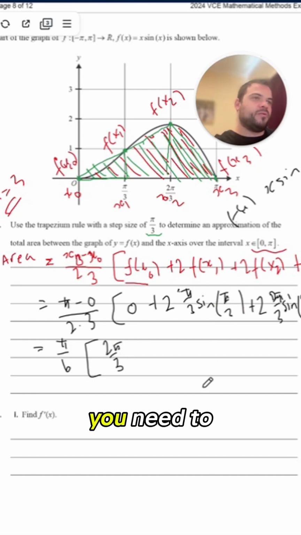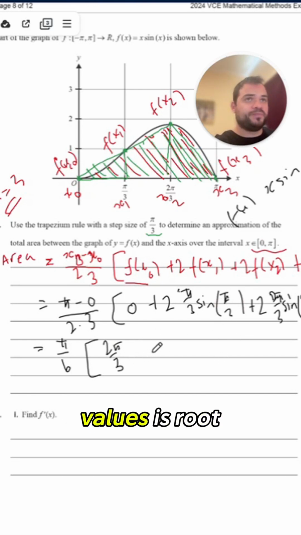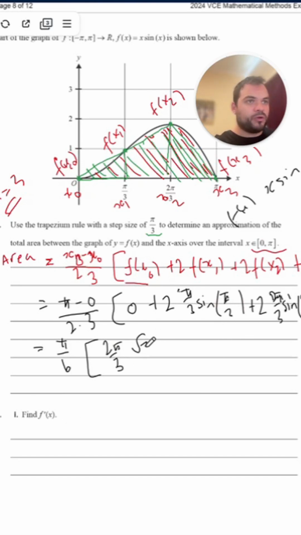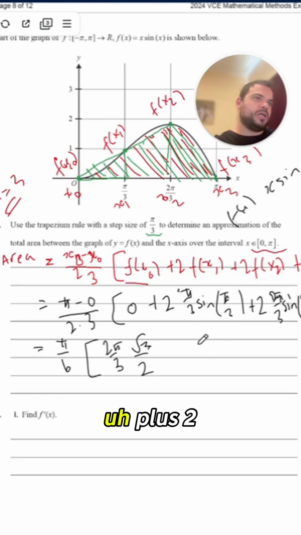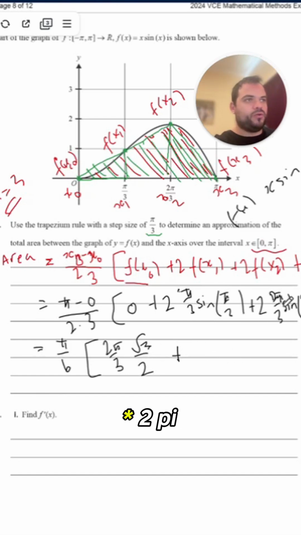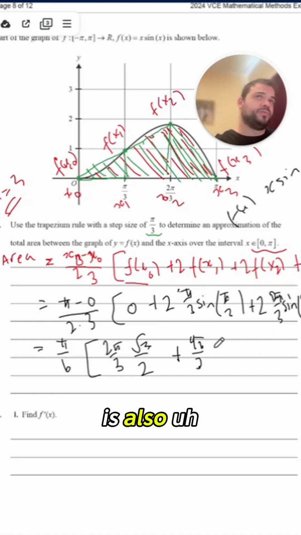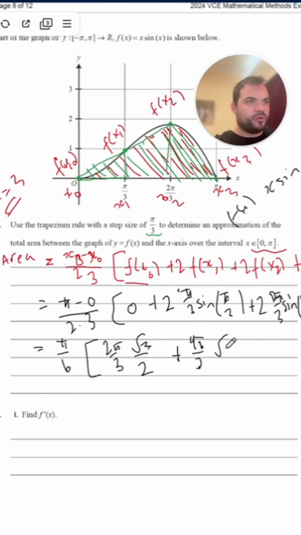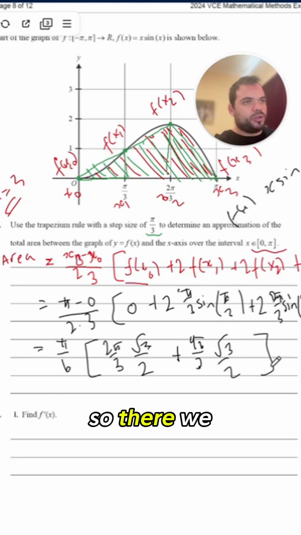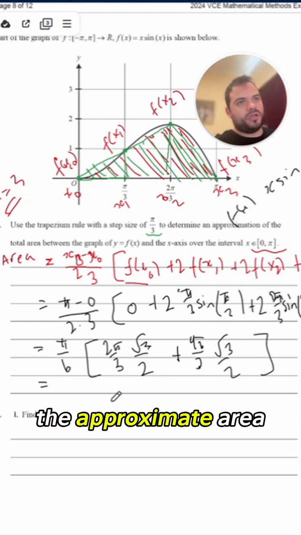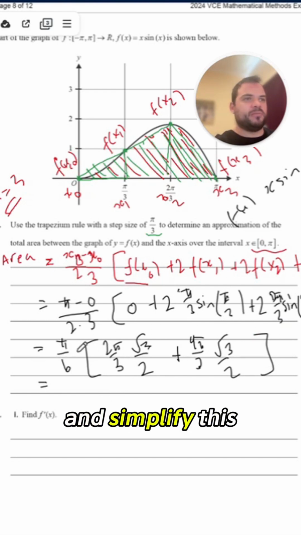Sine of pi on 3, you need to know your exact values, is root 3 on 2. Plus 2 times 2 pi on 3 is 4 pi on 3. Sine of 2 pi on 3 is also root 3 on 2. So there we go. That's the approximate area, and then we just go ahead and simplify this.